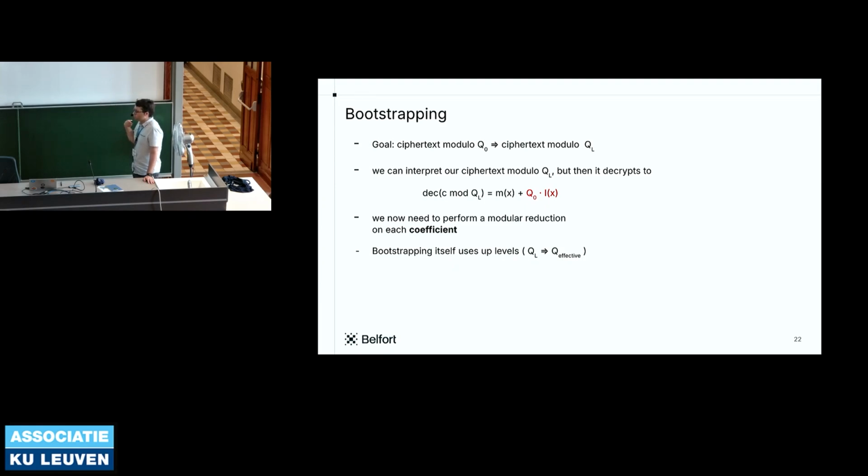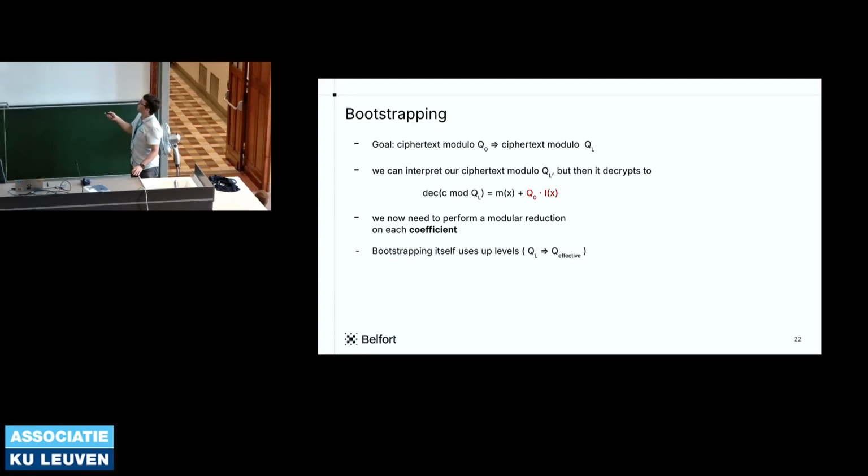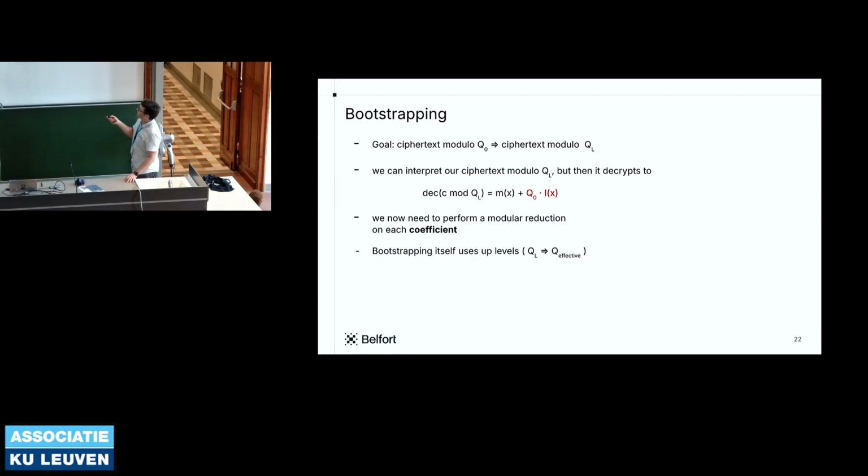And so I need to do this bootstrapping operation. It's going to be a very expensive operation that's going to allow me to increase my levels, basically to reset my levels.